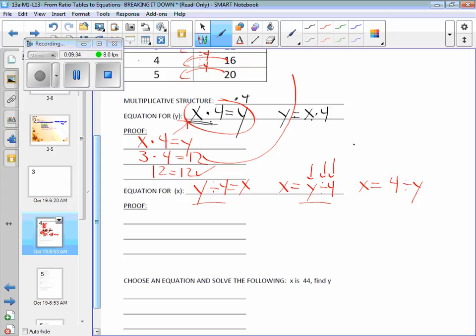I can technically do it back in this equation because, did you learn in elementary school that 4 times 5 is the same as 5 times 4? You can switch the order. Does anybody know what property of math that is?